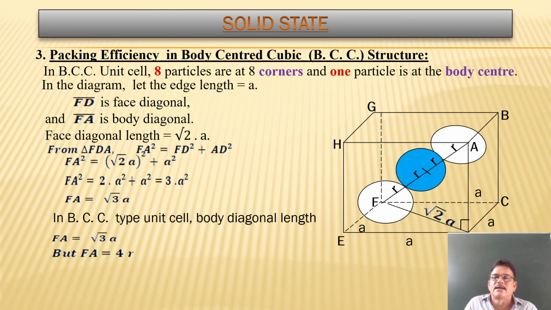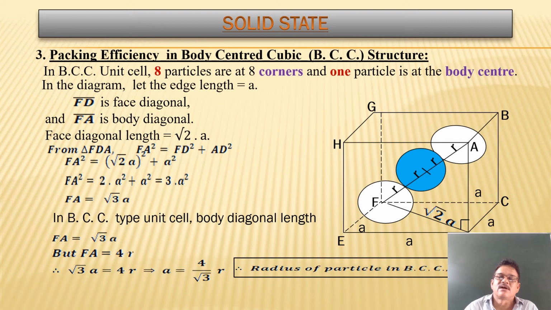But in the diagram, FA becomes equal to r plus 2r plus r, okay, 4r. FA is equal to 4r, but FA is equal to root 3a.